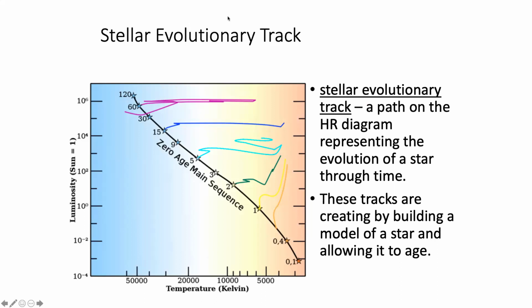Right, and you can just sort of see how stars that start out on the main sequence with different stellar masses end up taking different journeys through the HR diagram. All right, and again, this is all based on computer modeling. Right, so we can track a star's predicted change in temperature, or its predicted change in luminosity, or its predicted change in size, etc.